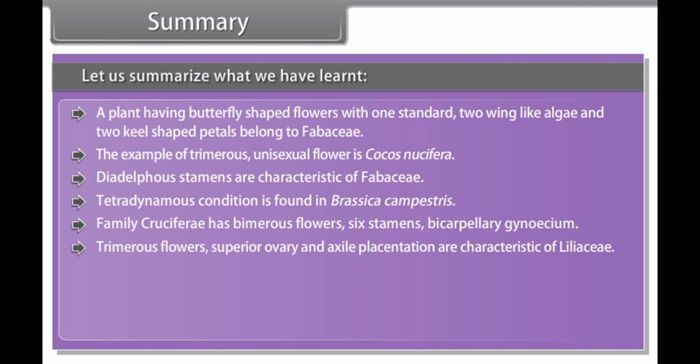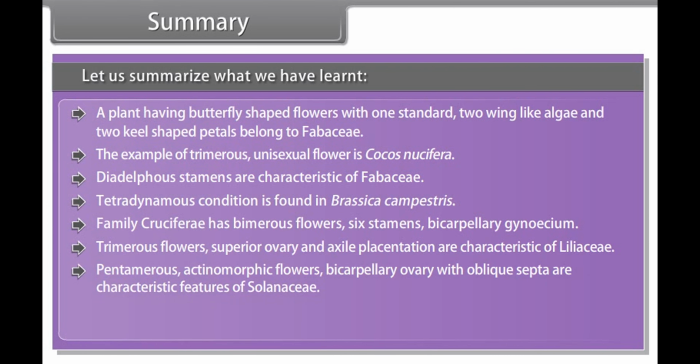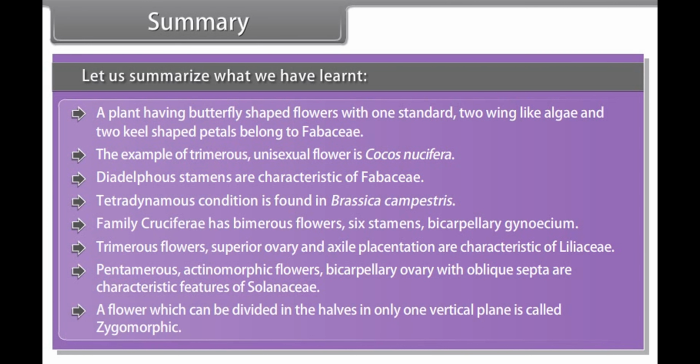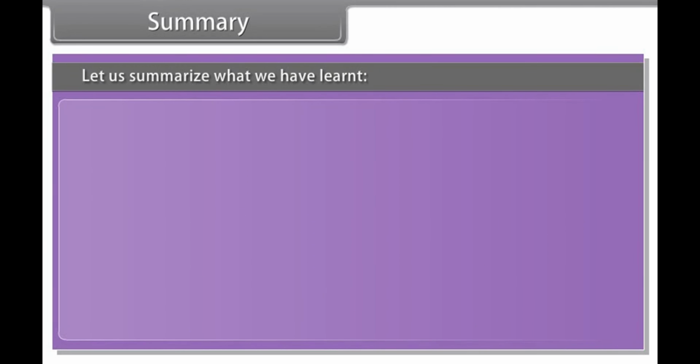Trimerous flowers, superior ovary and axile placentation are characteristic of Liliaceae. Pentamerous, actinomorphic flowers, bicarpellary ovary with oblique septa are characteristic features of Solanaceae. A flower which can be divided into two halves in only one vertical plane is called zygomorphic.